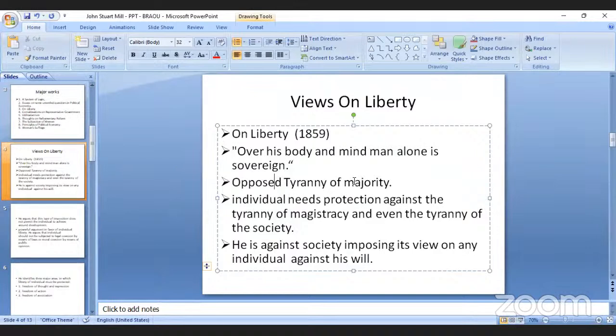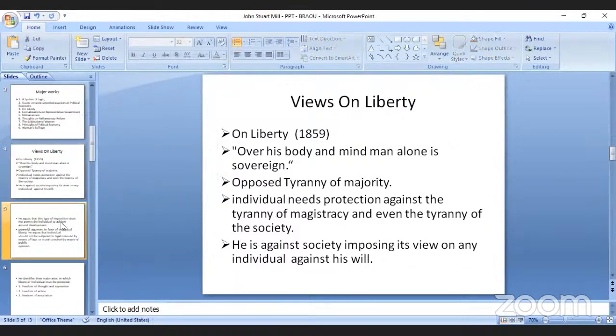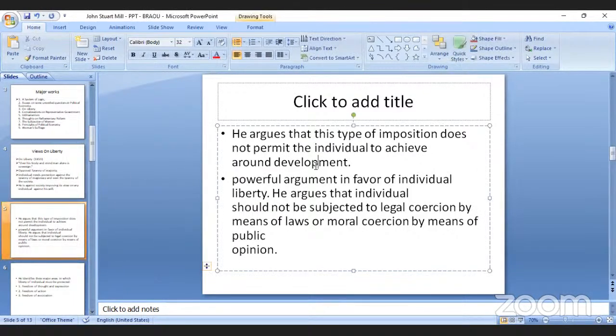So without the permission of the individual, the society is trying to impose some of society's ideas and concepts on the individual. So he is quite opposite of that idea. So he is giving importance to the individual. So he argues that this type of imposition does not permit the individual to achieve development.